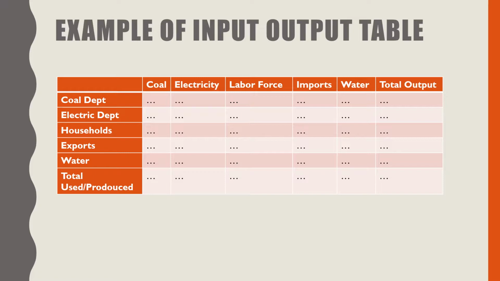Where you have your resources along the top and your departments along the side over here. So coal and electricity are easy to understand because we just put in their values in each of these cells. However, there are two points, such as households and exports, which correspond to labor force and imports, which I want to note. This households point is sometimes also referred to as population.